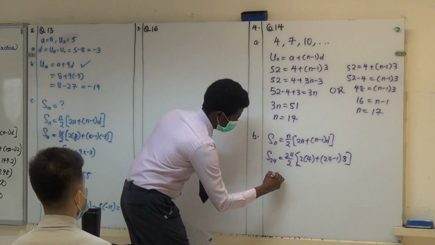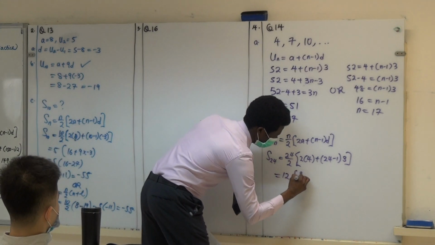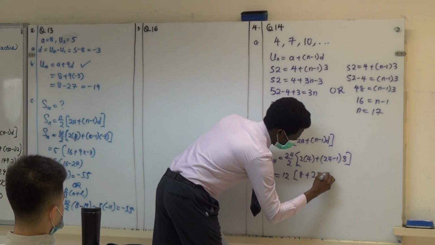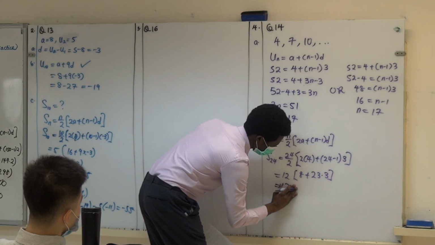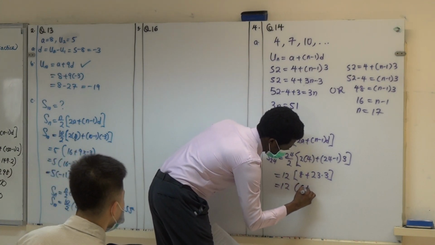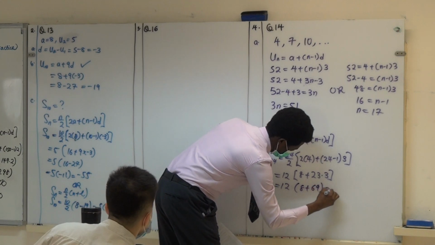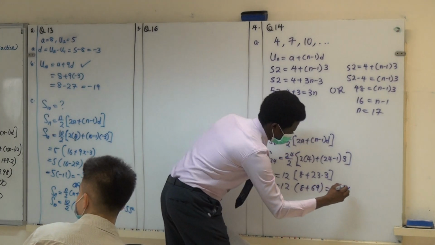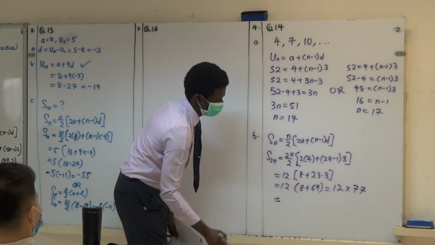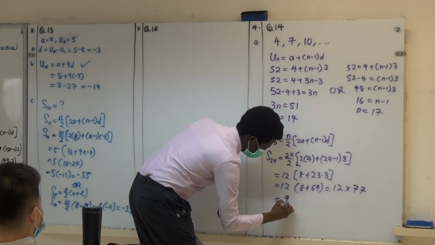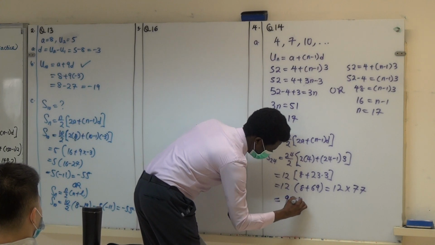Then we simplify: 12 times (8 plus 23 times 3). 23 times 3 is 69. So we have 8 plus 69, which is 77, and 12 times 77 is 924.